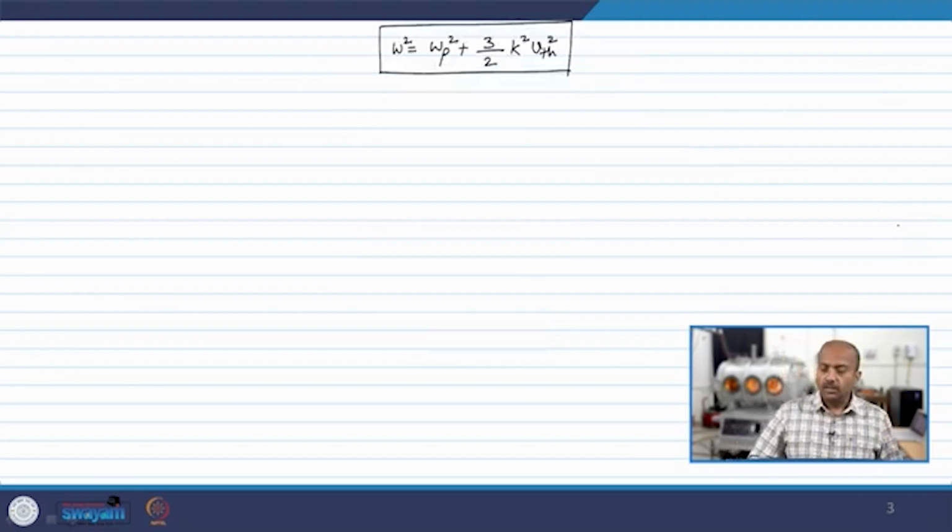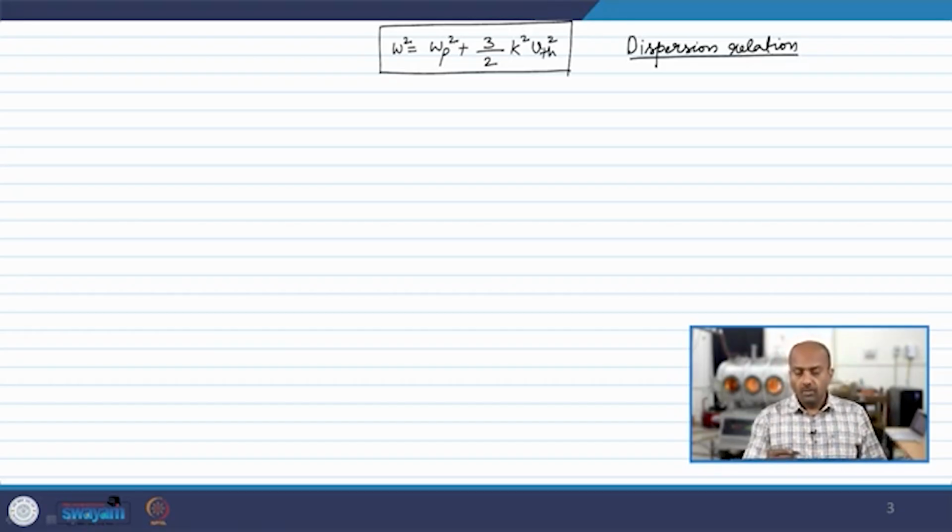So, this is the dispersion relation, which is a relation between omega and k. I have mentioned many times that the dispersion relation conveys all the information about the wave.